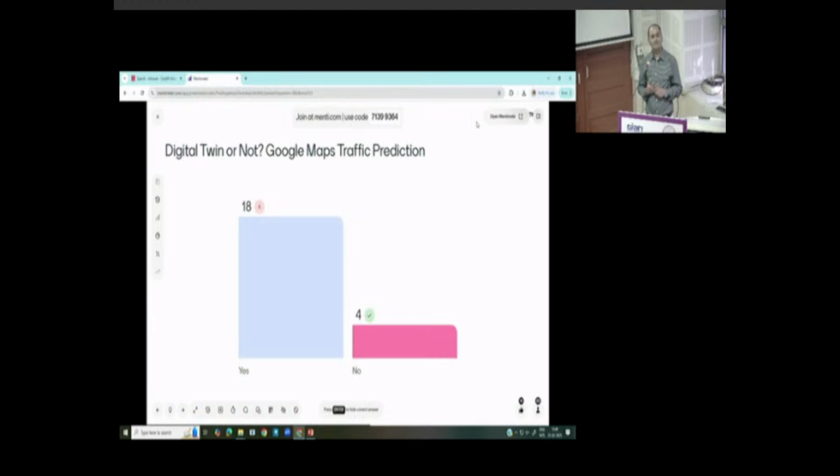A virtual model of a physical system. For Google Maps, what is the virtual model of what? Where is the physical system? Where is the data coming from? Is it taking data from any IoT devices, anything? No. That's why this is not a digital twin.